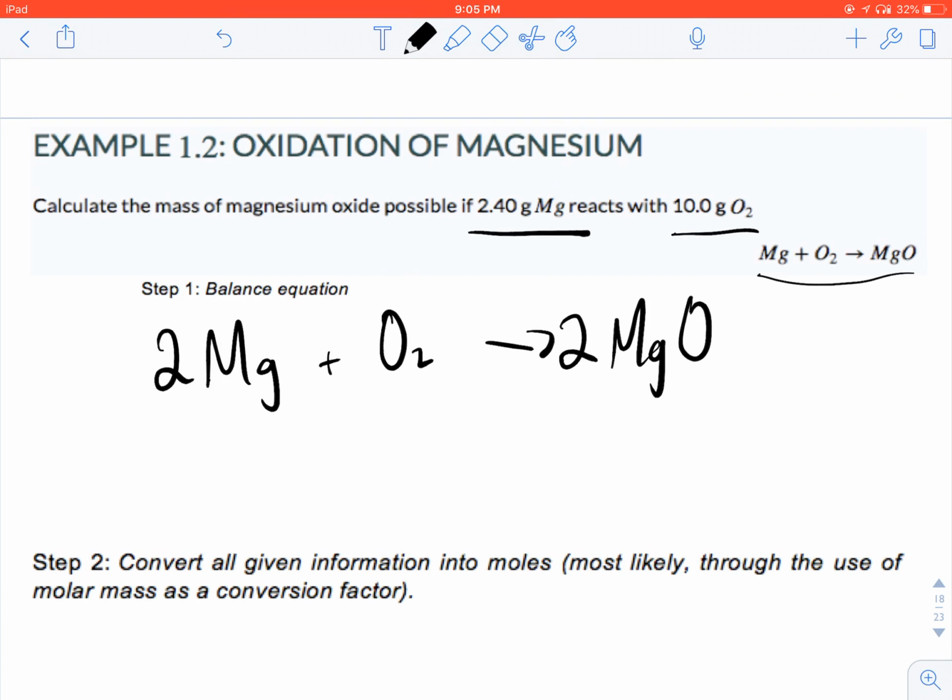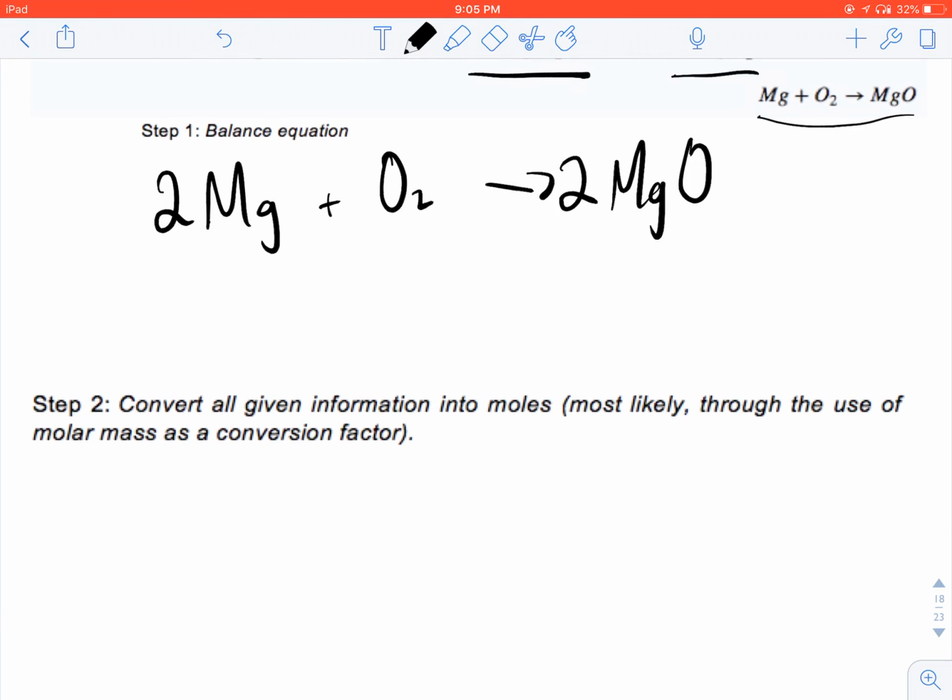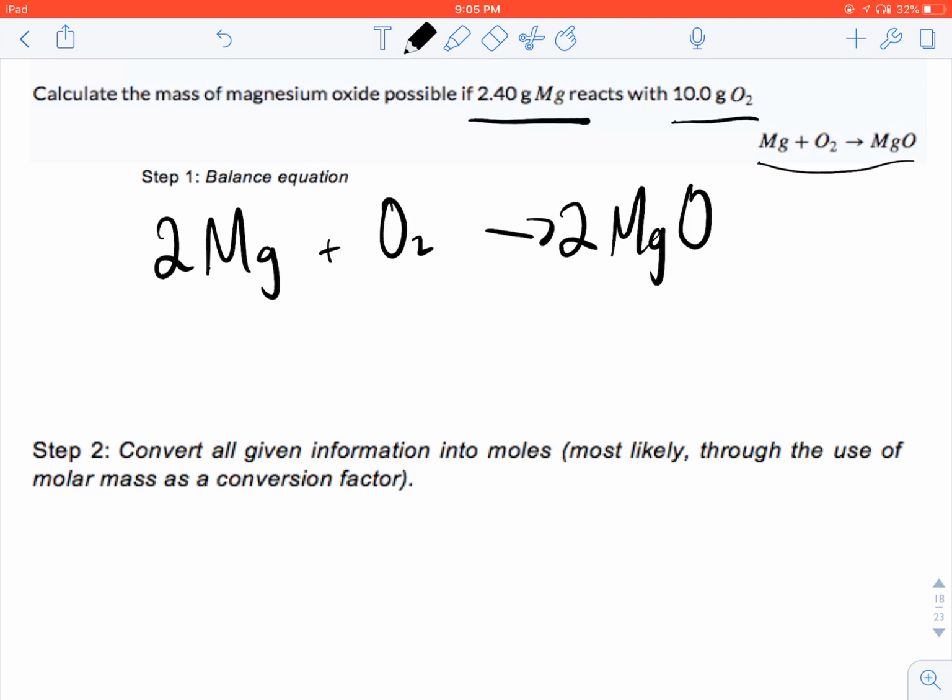So let's just do a little trickery there, and bing, bang, boom, we got a balanced equation. Now that we have a balanced equation, it's probably good practice for us to write down the mole ratios. Now, it doesn't say that step here, but we should always do that anyways.